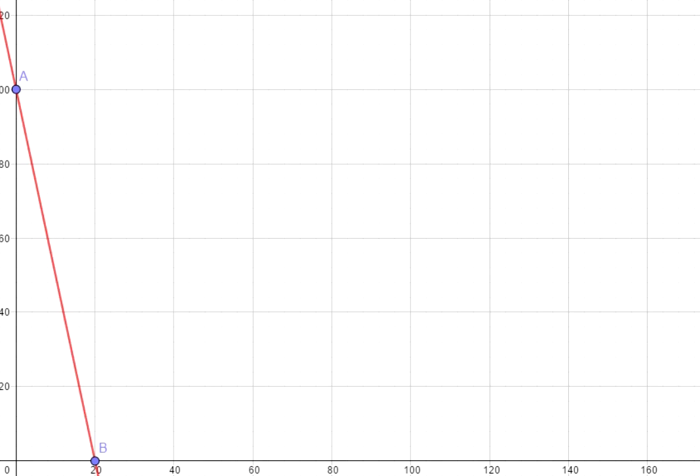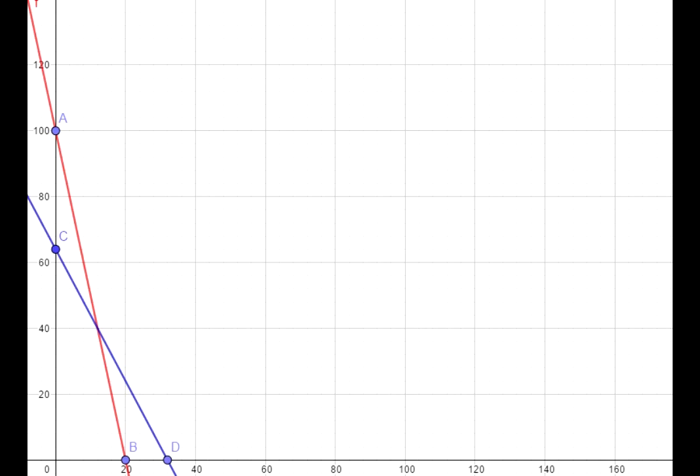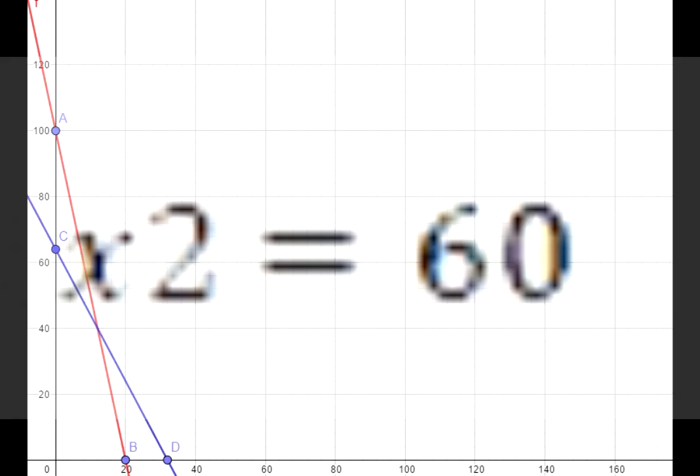Graphing it will be as follows. Now we will graph the third restriction; as we only have one variable, x2, we will have a constant function.